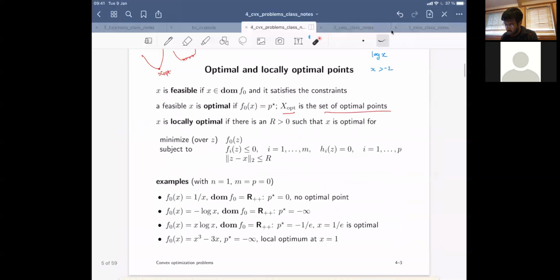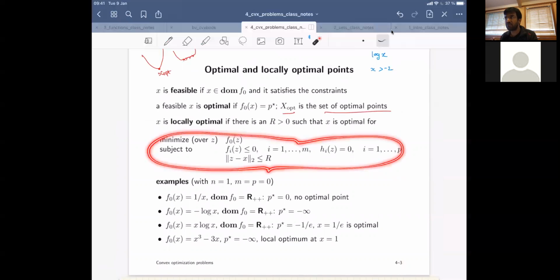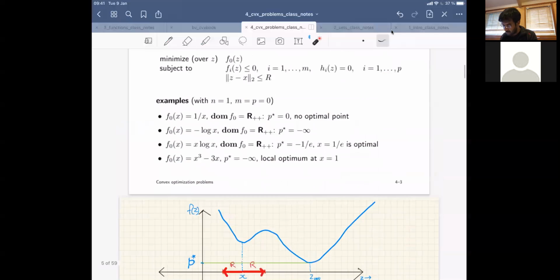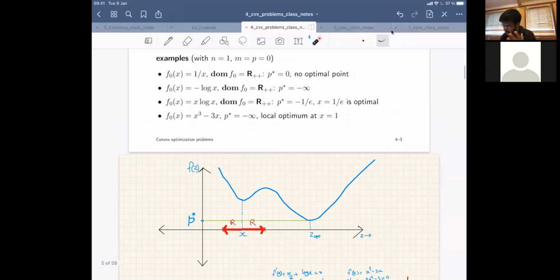For this new optimization problem, if I have a global optimum or an optimal point x, then that is a local optima of the original problem. Basically, if this is a local optima, just consider a region around it, and that should be a global optima for this.